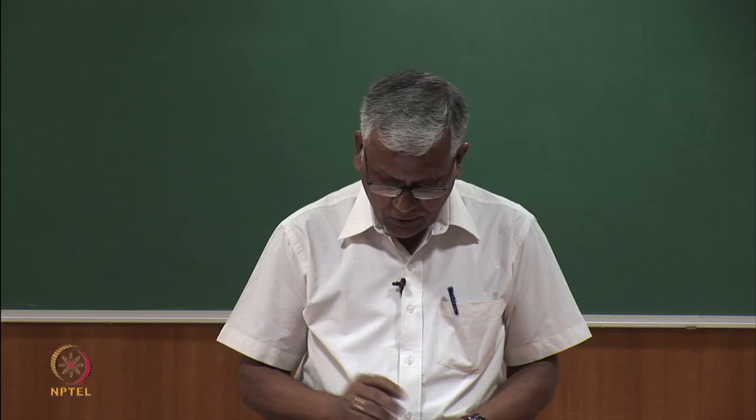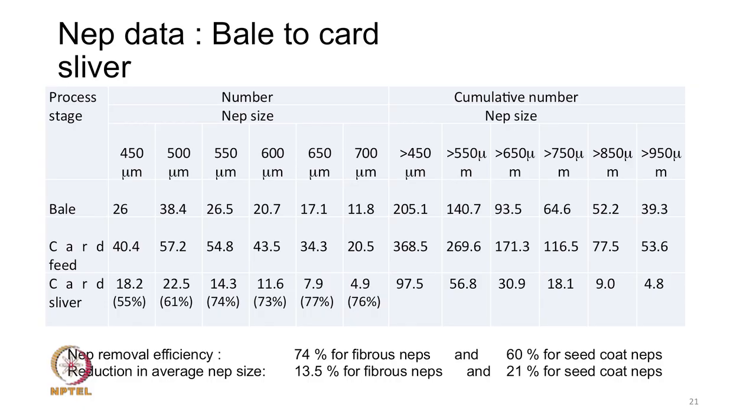The next point, we go to some nap data in the case of cotton. What we see here, for different sizes of the naps, we can see the nap value in case of bale, card feed and card sliver, and we see here that from bale to card feed there is an increase in nap, and from card feed point to card sliver point there is a decrease in nap.